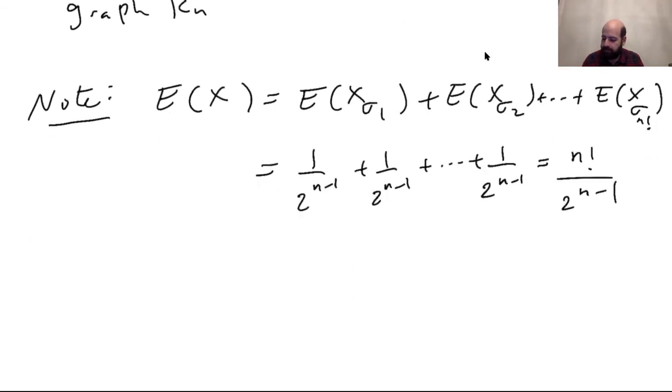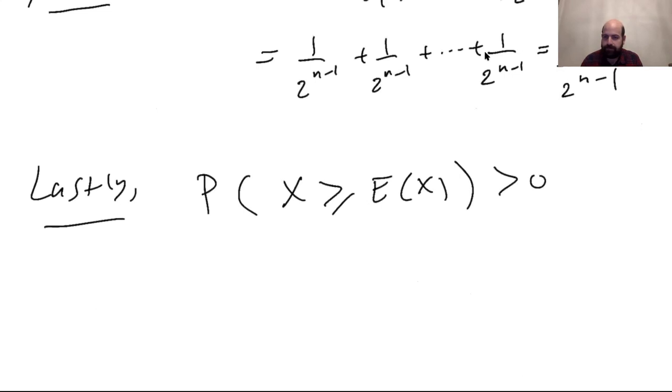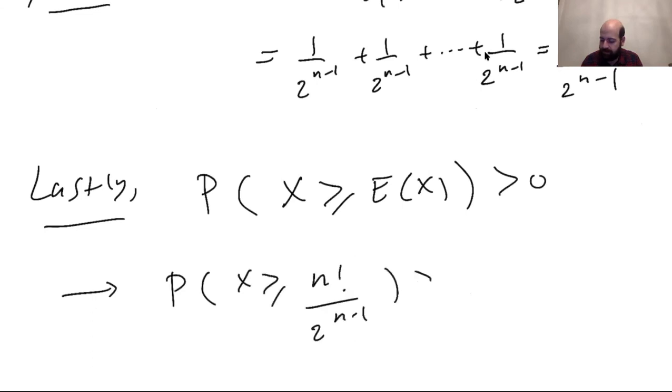Okay, so that means, lastly, P of X bigger than or equal to E of X is positive. This is the remark that I just said before starting the proof, and we also used this last time. We proved this actually last time as well. So this means that P of X bigger than or equal to n factorial over 2 to the power n minus 1 is positive.